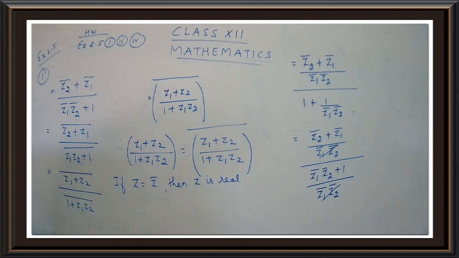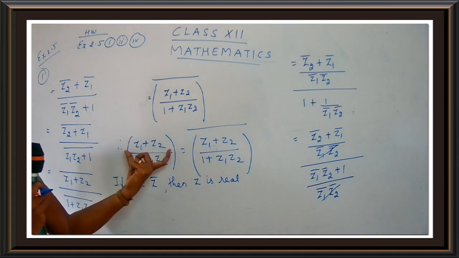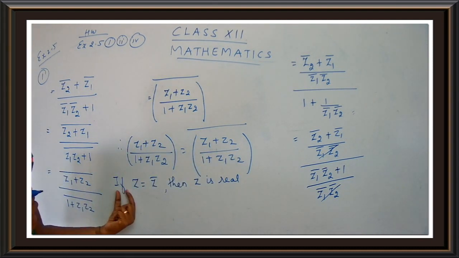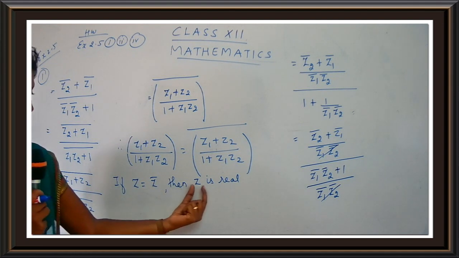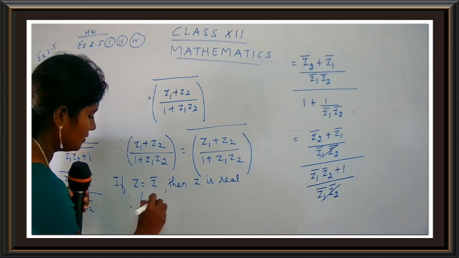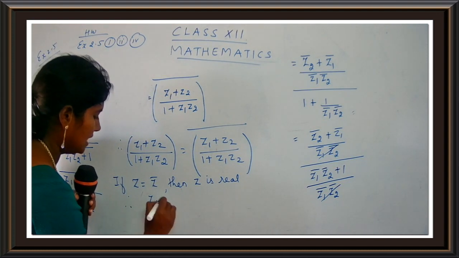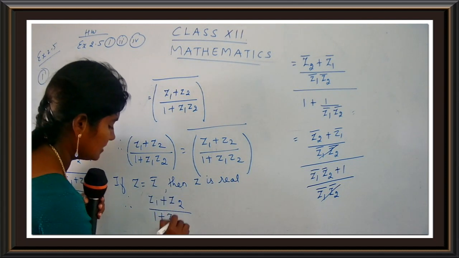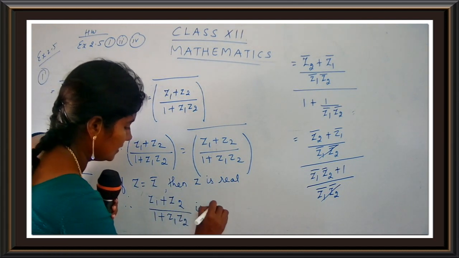So this was the Z part, and now the same Z is written as Z bar. So you say if Z is equal to Z bar, then Z is real. Therefore, z1 plus z2 upon 1 plus z1 z2 is real. We are just using the condition.